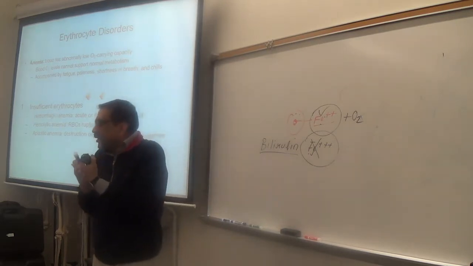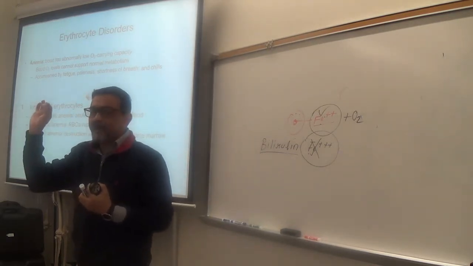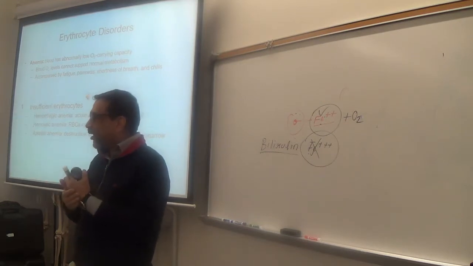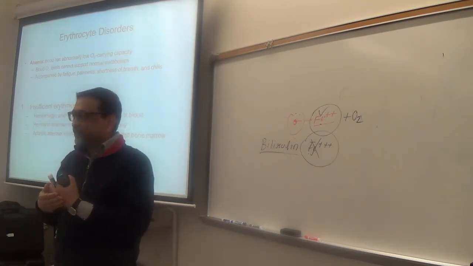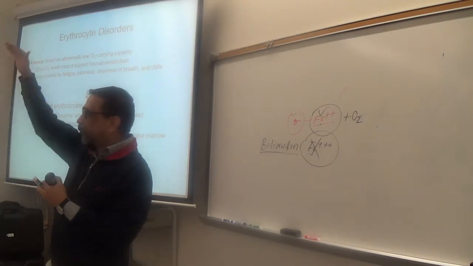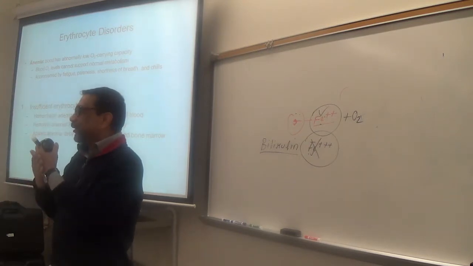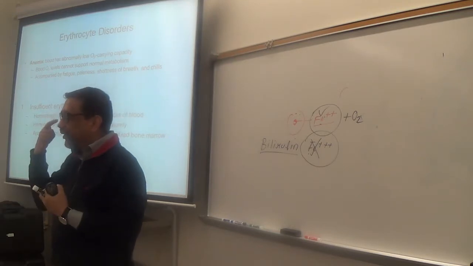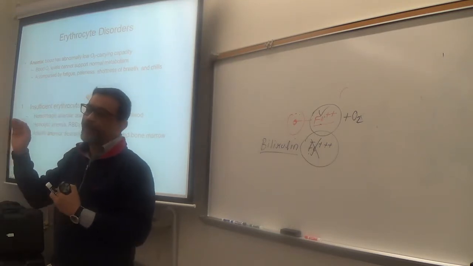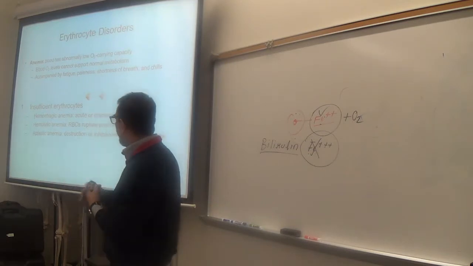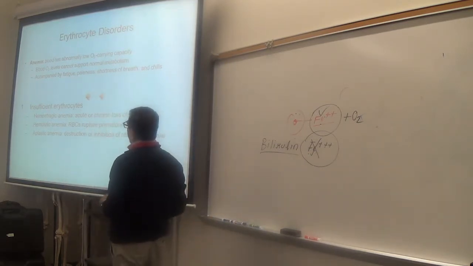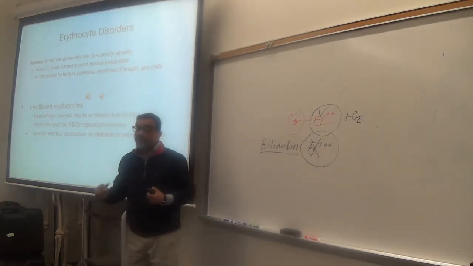Since the red blood cell and hemoglobin, right, give the red color of the blood, if the count of red blood cells is low or hemoglobin amount is low, the person's skin and mucous membrane, if you look at, will look pale because less hemoglobin is there. Okay, so those are the signs.